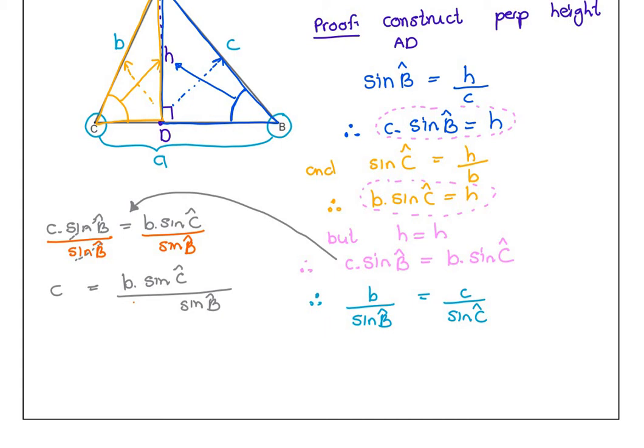Now in exactly the same way, I'm going to divide by sine angle c on both sides, and so my sine of angle c cancels on the right hand side, and so I actually get what they wanted, because I get c over sine angle c is equal to b over sine angle b, which is written the opposite way around to what they gave, but it doesn't matter.